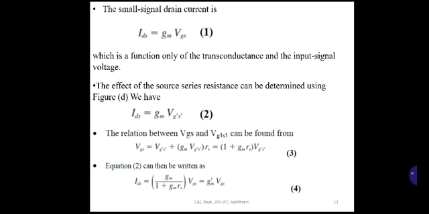So the drain to source current IDS is a function of the transconductance and the input signal voltage, gm VGS. That is equation number 1.